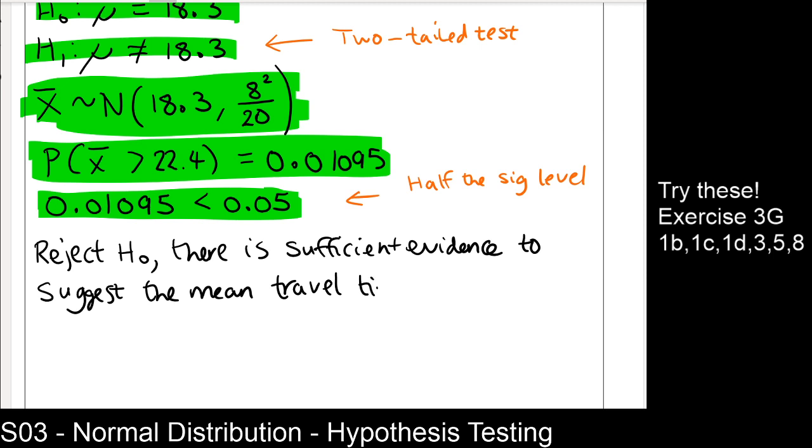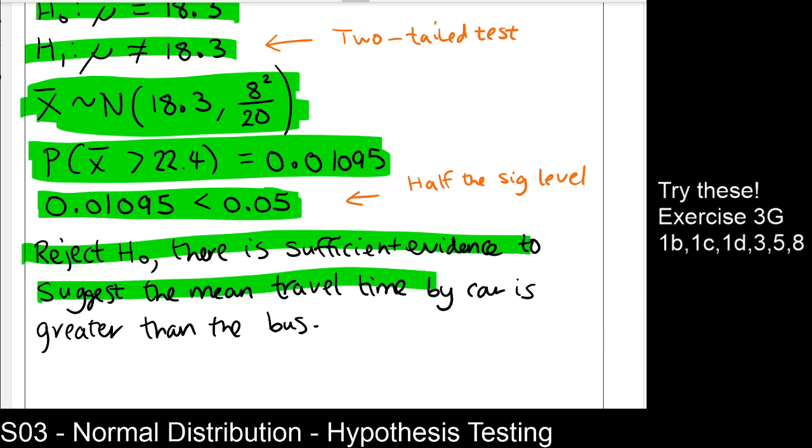The mean travel time by car is greater than the bus. It doesn't need to be any sort of essay that you're writing here. It just needs to simply say if you reject H0 or not. So here we reject our null hypothesis. We reject the fact that the mean is 18.3. We've got quite sufficient evidence to suggest that the mean actually is different.